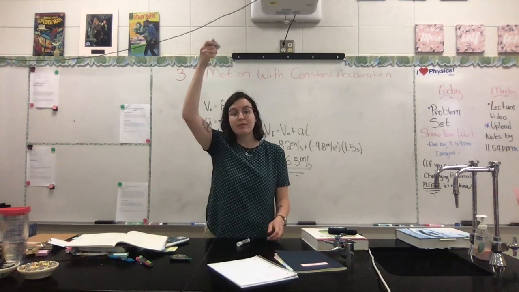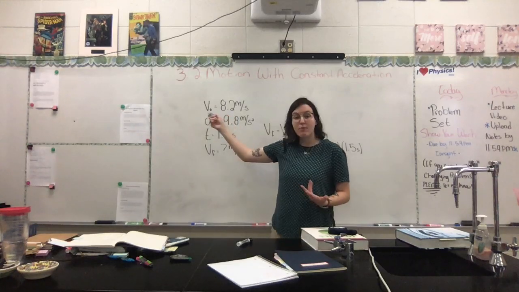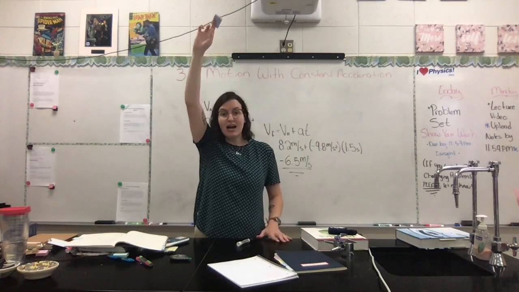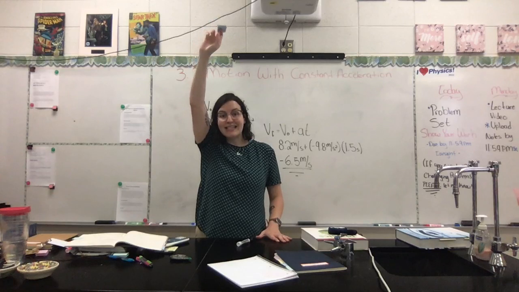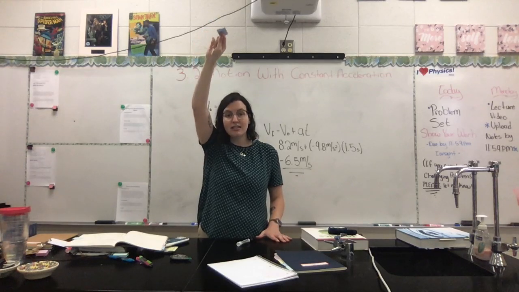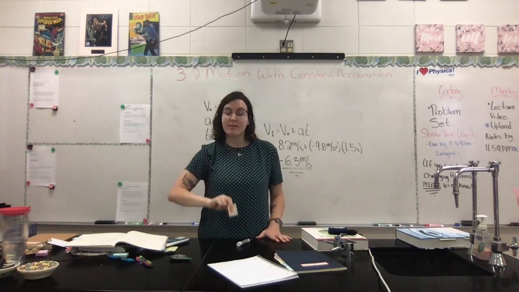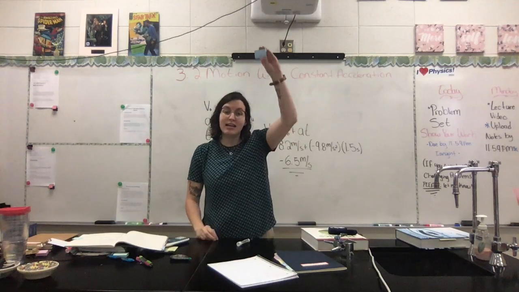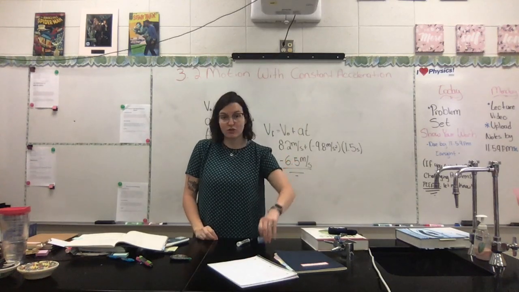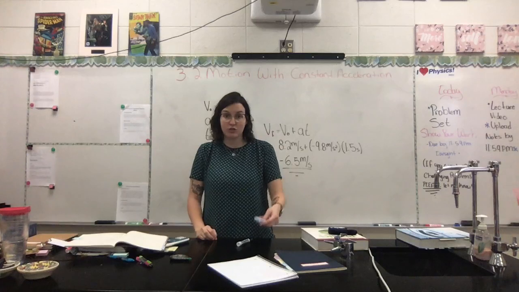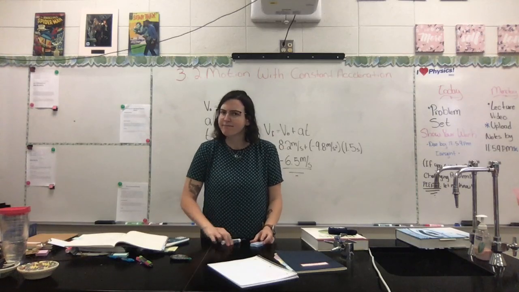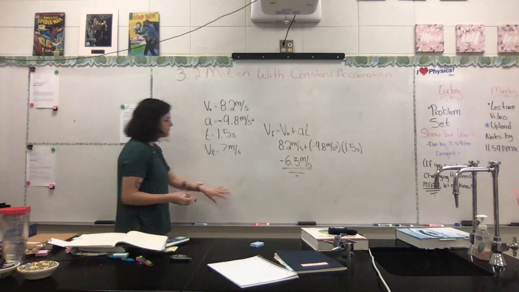So on the way up, it was a positive velocity of maybe 8.2, but once it reaches the top, the velocity is at 0, and then it starts to come back down. And as it's coming down, the direction changed, and now down is considered the negative direction because up was the positive direction. Does that make sense to everybody? I hope so. All right.